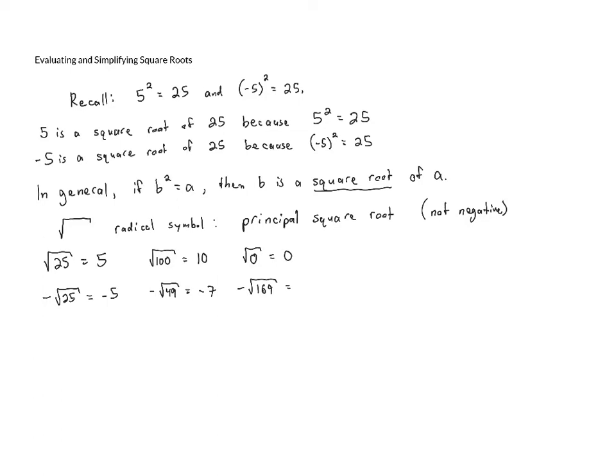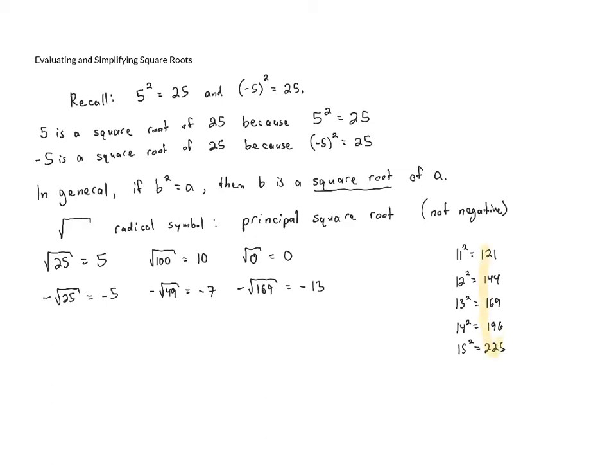We also have 11 squared, gives us 121. 12 squared is 144. 13 squared is 169. 14 squared, 196. Those are almost opposites of each other. We just switched the 9 and the 6. And 15 squared is 225. So here, the negative square root of 169 is -13.